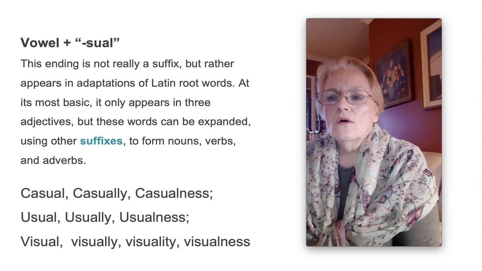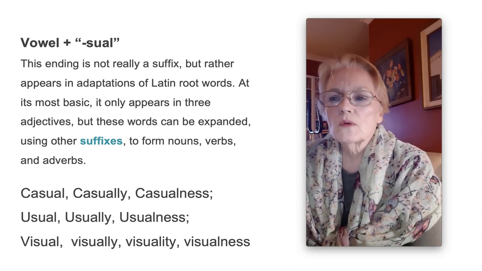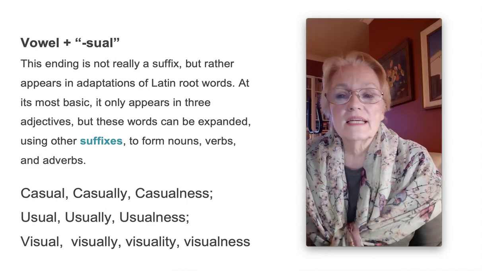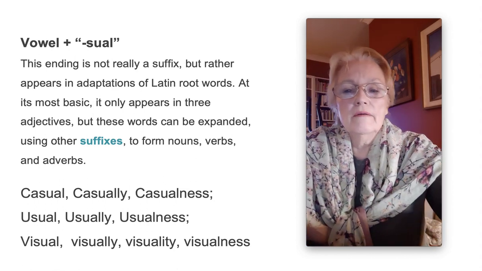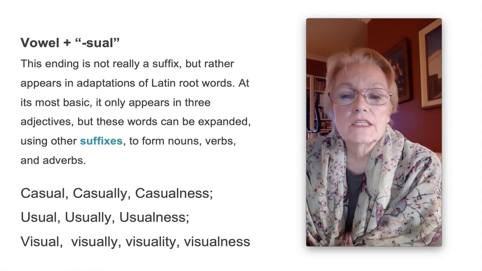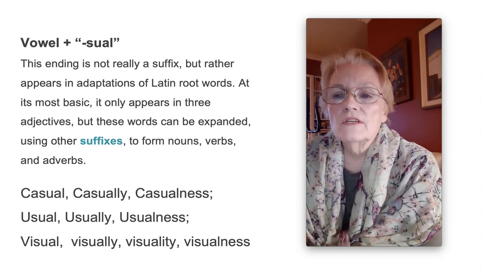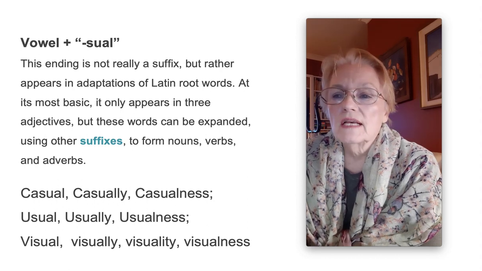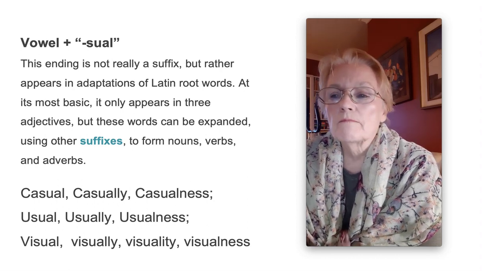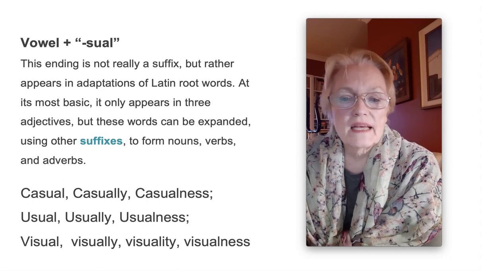Good. All right, I think this is the fourth one, isn't it? The fourth one. So this ending is not really a suffix, but rather, hold on, I've got the camera over there, but rather appears in adaptations of Latin root words. At its most basic, it only appears in 3 adjectives, but these words can be expanded using other suffixes to form nouns, verbs, and adverbs.